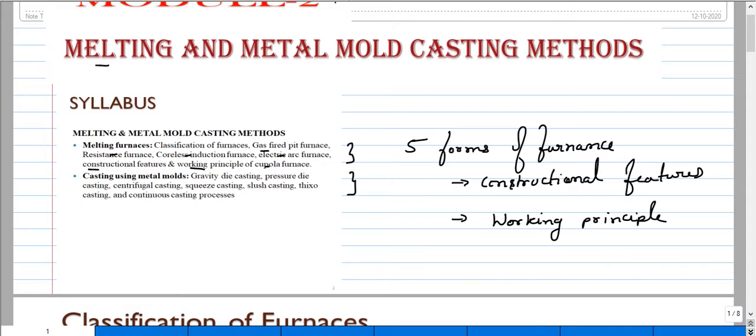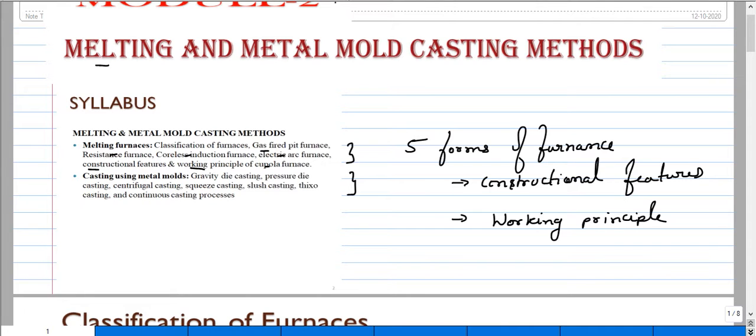If you want to get an end product in casting, you should pour the molten metal. So how to melt this metal? You know that casting can be done to any metal which can melt. If it is able to convert into a liquid form, then definitely we can cast it.